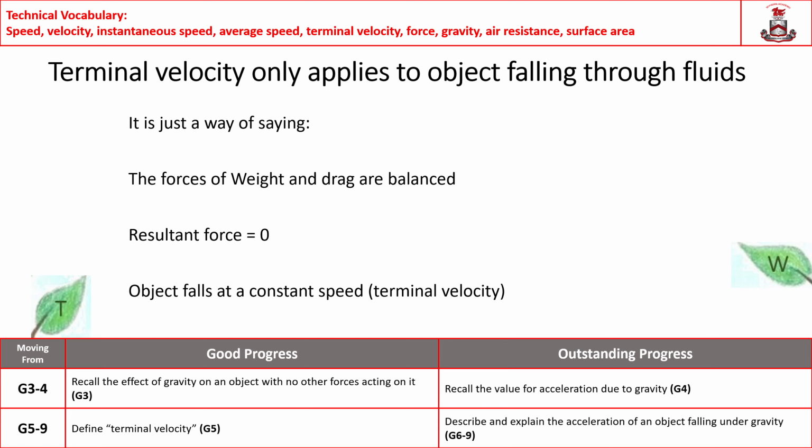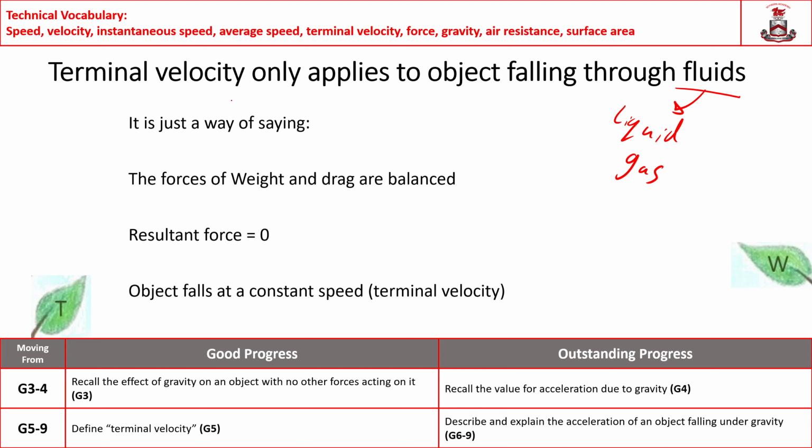Right. Terminal velocity only applies to an object falling through fluids. Okay. What is a fluid? Well, that is either a liquid or a gas. It is a science way of saying a liquid or a gas. So if they ever say something about a fluid, it's not necessarily talking about water.